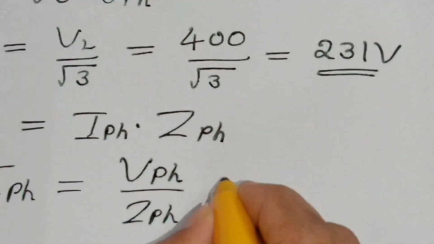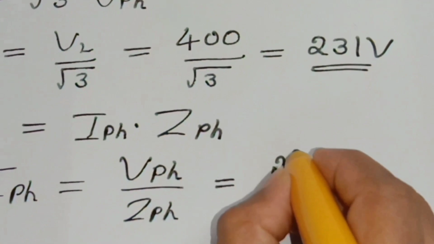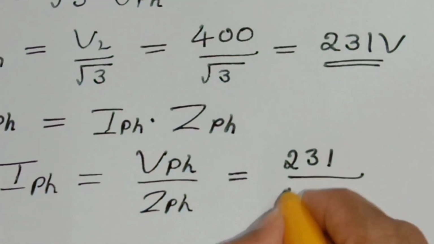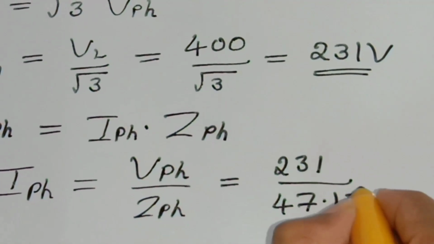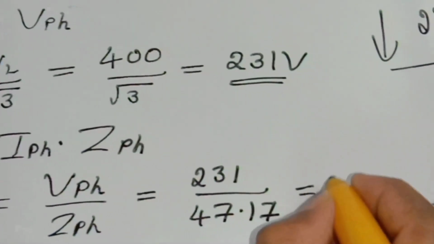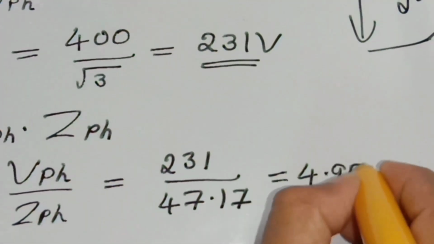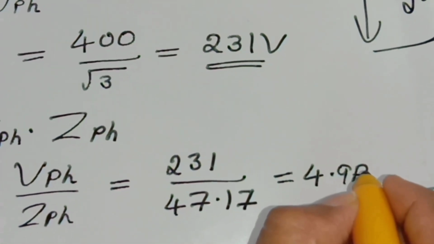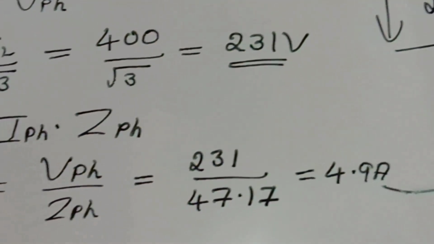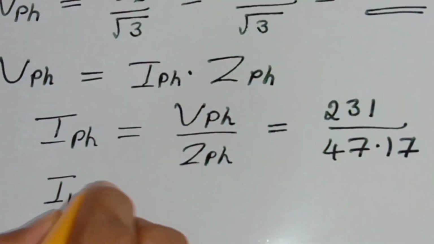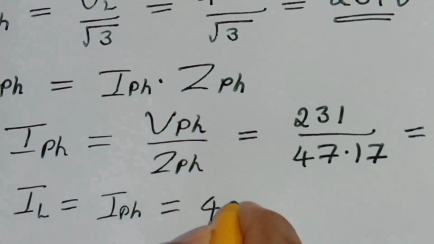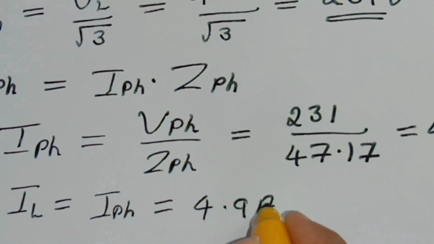Now substitute V phase, which is equal to 231 volt, Z phase is 47.17. We will get the current as 4.9 amps. Now for star connected system, our line current is equal to phase current. So we can write IL is equal to IPH, which is equal to 4.9 amp.